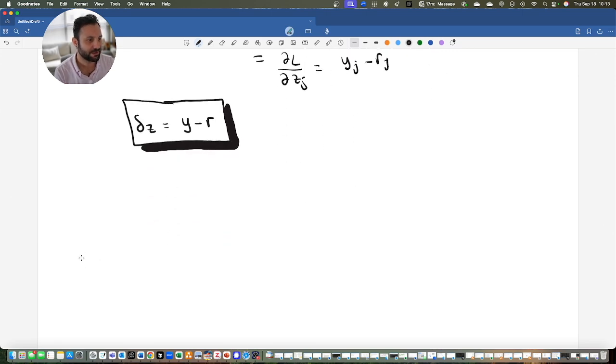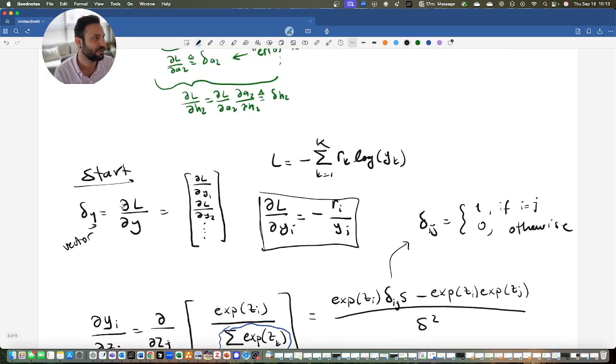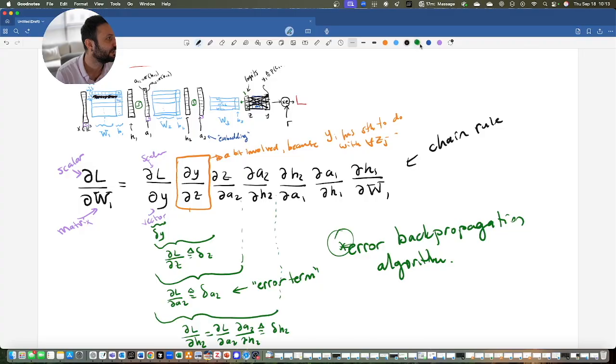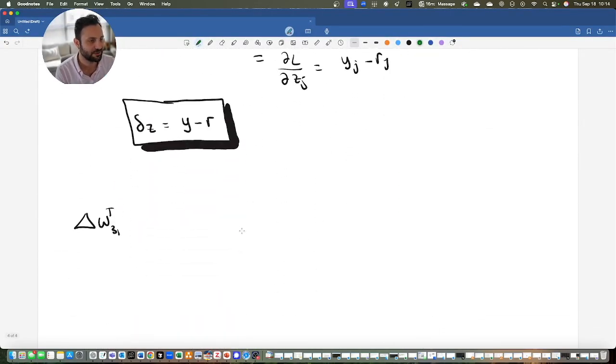So let's say I'm interested in calculating delta W31 transpose. What is delta W31 transpose? This is here. Let me mark it with green. So I'm interested in this. And I know part of this was introduced last week because that's the classification layer. But hang on with me, because if you focus your attention here, it's going to be important.